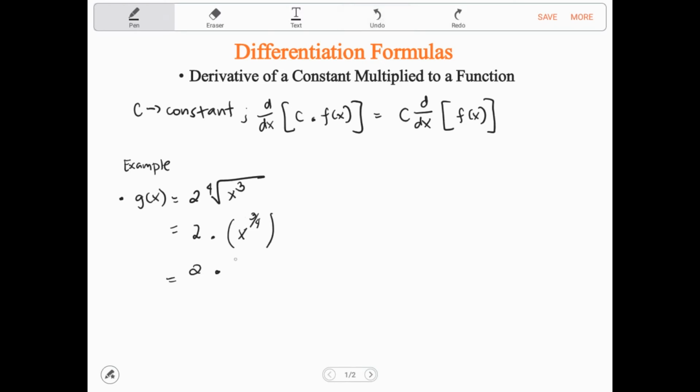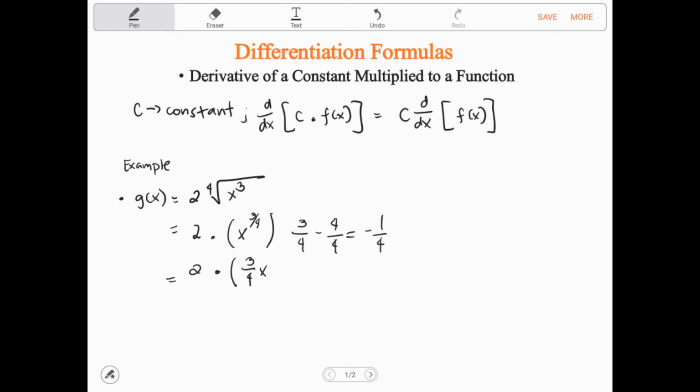2 times 3 over 4 x, subtract by 1, so 3 over 4 minus 1, copy the denominator, 4 over 4, so it's going to be negative 1 over 4.